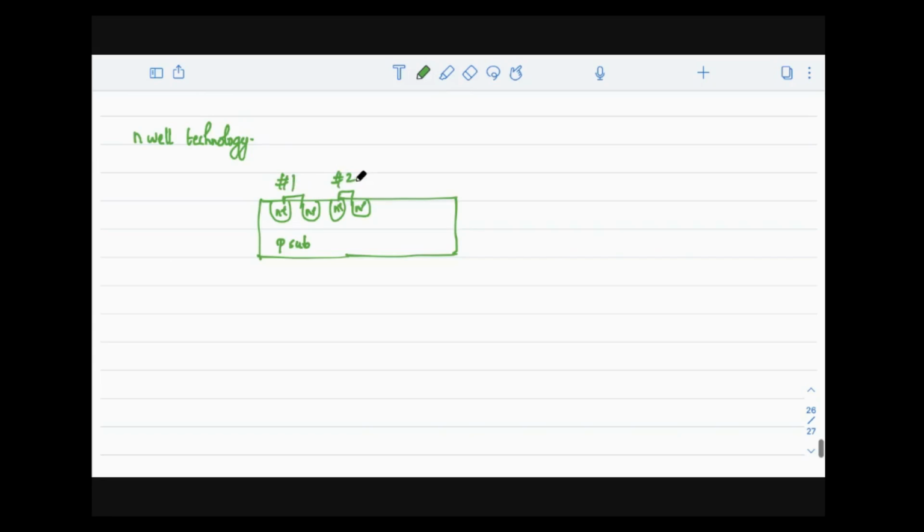One thing you can observe is that when you have NMOS devices on a P substrate, all these NMOS device bodies should be connected to the same potential, because we have only one option here, that is the body terminal from the substrate, and that can be connected to only one potential. So however many NMOS devices you have, all their bodies will be connected to a single potential, and always we will connect that terminal to ground.